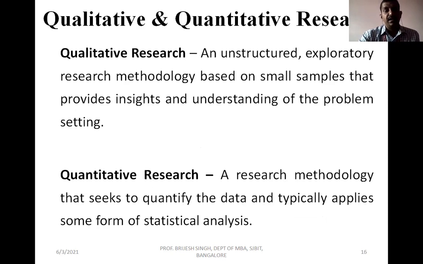Then we have qualitative and quantitative research. Qualitative research, we all know, is for variables which can only be qualified, which are qualitative in nature. So quite obviously it is unstructured research, and that is the reason we use exploratory research. Again, in exploratory research we go for a small sample, not a larger one. Based on the small sample and their understanding of the problems, we make generalized statements.